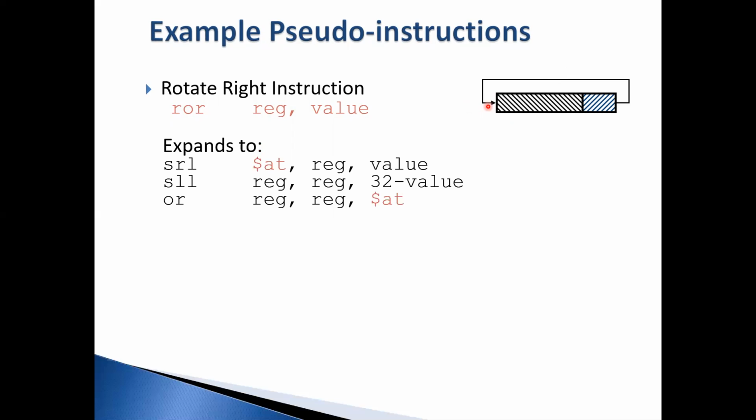So what does it do? You are shifting right by the value amount of bits, so you shift the register by that number of bits and then save it into AT. But the moment you do that, these bits will be gone.